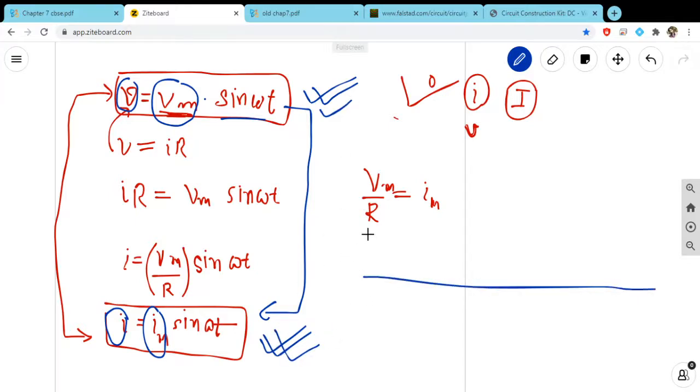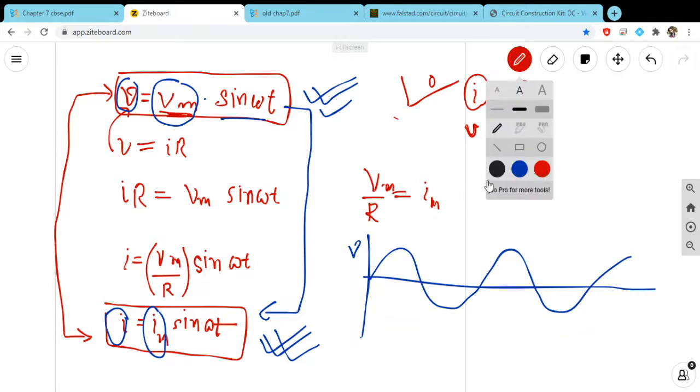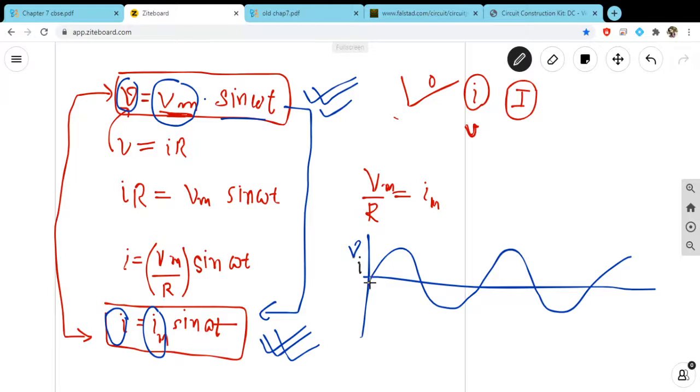That means if we draw the graph for the voltage like this one, exactly sine voltage, then the graph for the current will be the same. As initially voltage is zero, then current will be zero. As voltage increases, current increases. Voltage becomes maximum here, then current also becomes maximum here.